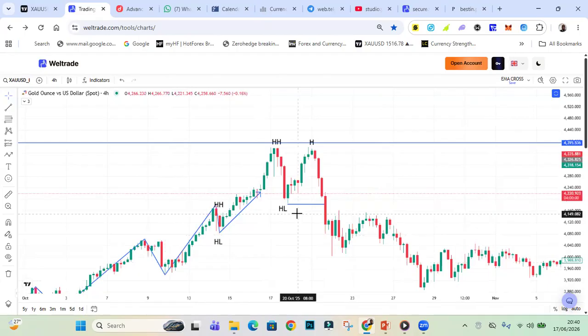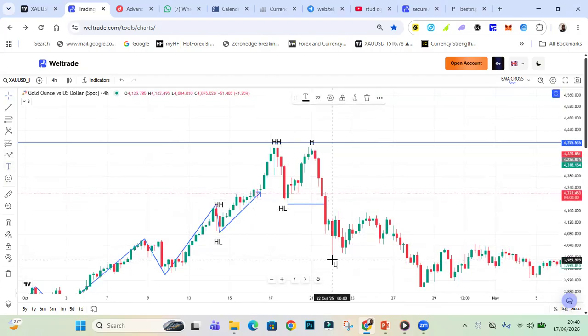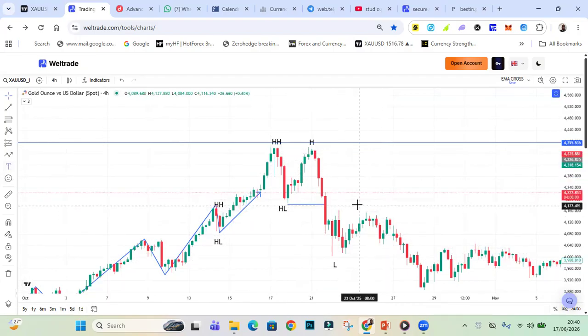So you can see that this low was a higher low. Now this one becomes a low. This is a low. Now this here becomes a lower high.